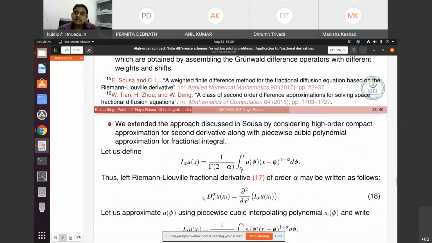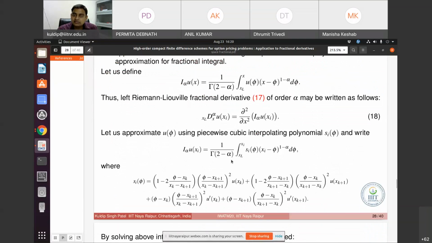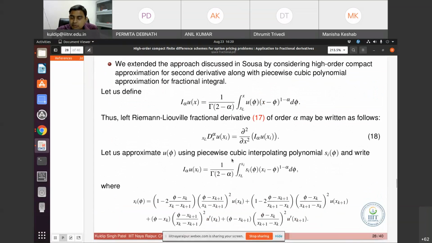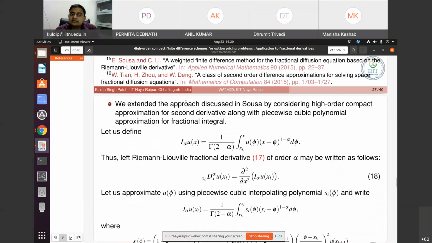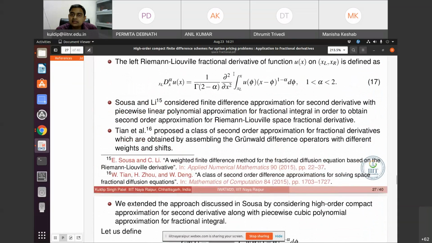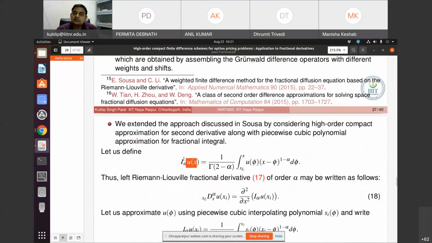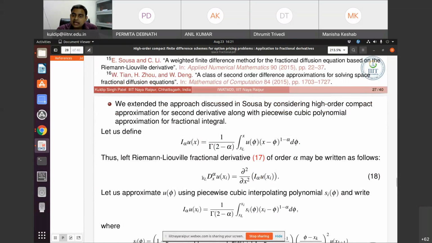So, as I said, here I'll explain a little bit more about what I did. If you see the Riemann-Liouville derivative, what I did is I just removed del 2 over del x2 from here, and the remaining I wrote as I alpha. Then the Riemann-Liouville derivative, how can I write it?